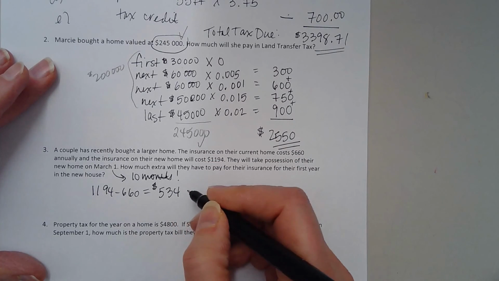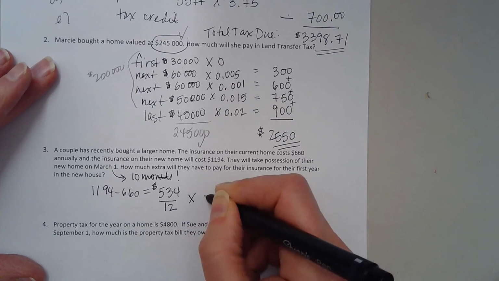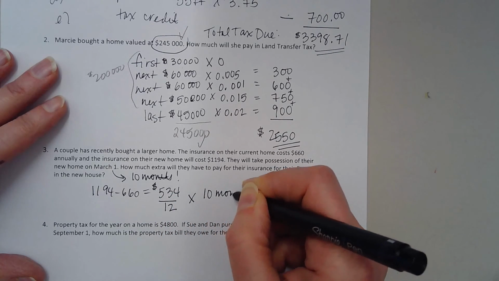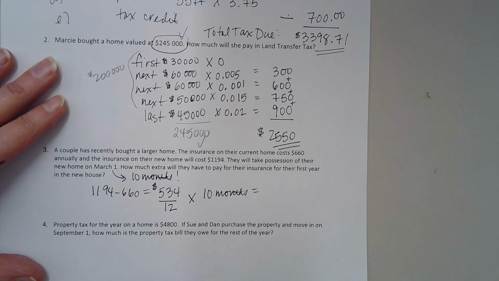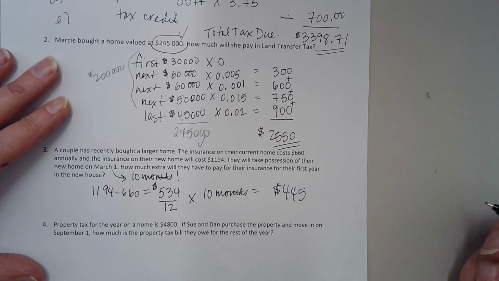What do I do with this $534? Divide by 12, and then times by 10 months, right? So I get $445.